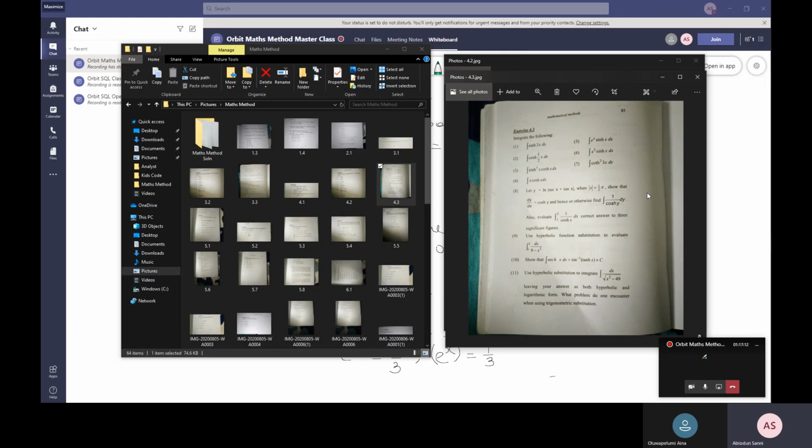So let y be ln of sec x plus tan x, where the absolute value of x is less than pi over 2. Show that dy over dx is sec x.